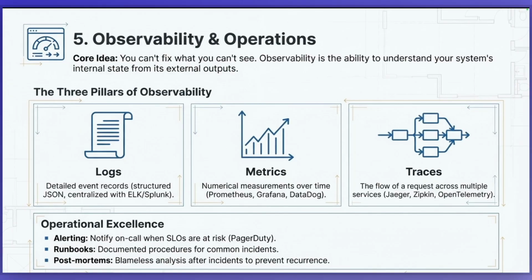For that we need to log all those failures. We need metrics to calculate what kind of risk is associated, and we need traces. So these three pillars of observability are important when we are building a distributed system. Other operational excellence that we can provide is using an alerting system, and documenting the procedure for common incidents and postmortems.